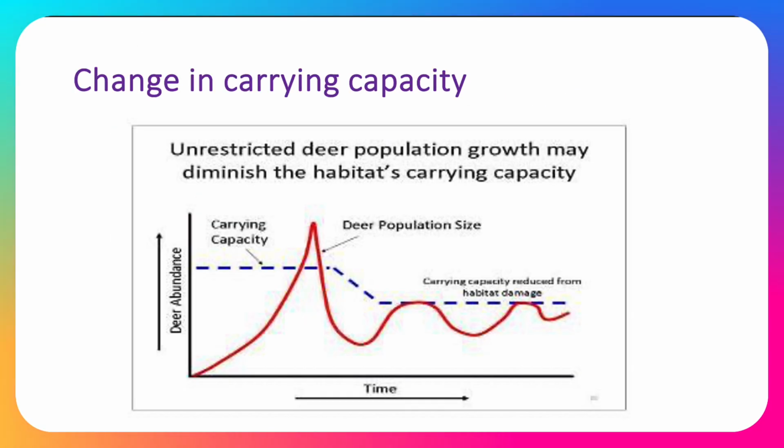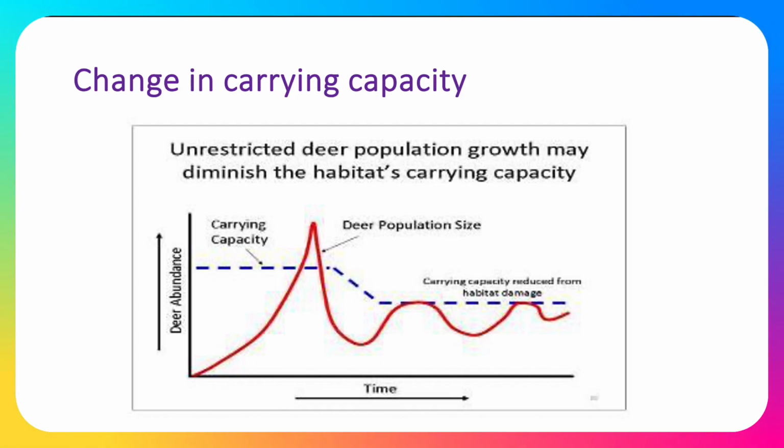Here's an example where a population of deer actually reduced their own carrying capacity. There was a carrying capacity for deer that could be supported by this habitat. Then we had an increase in the deer abundance greater than that, and it was that population of deer that damaged the habitat such that the carrying capacity decreased.